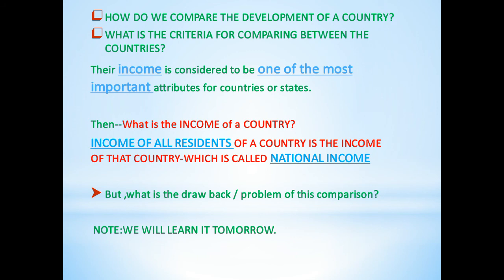But there is another problem. What is the drawback or problem of this comparison? There's a problem when we take income of a country as a criteria for comparing its development. Okay, that's a suspense. We will learn that tomorrow.